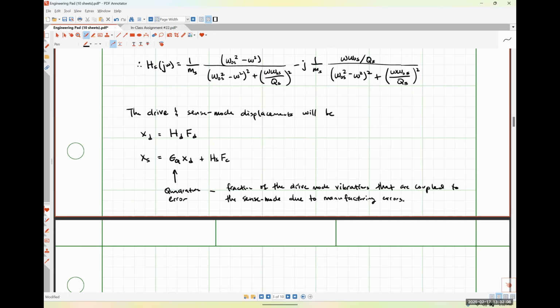So essentially, this is representing some portion of the mode conversion losses due to us not being able to perfectly establish a completely orthogonal system.